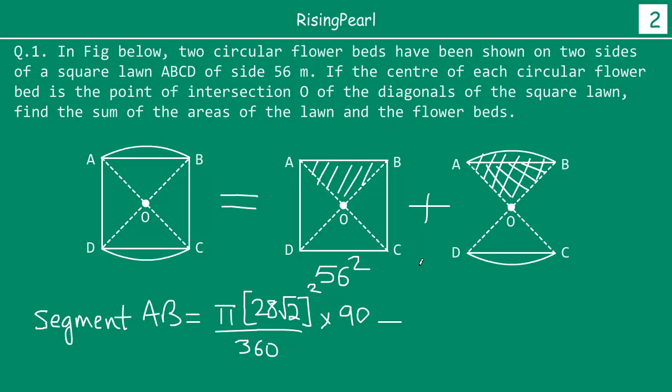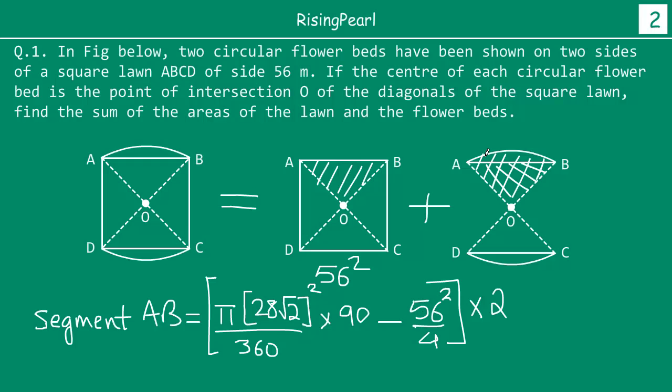But what is the triangle? The triangle is 1/4 of the area of the square. So in other words, the triangle is nothing but 56 square by 4. So if the first segment is this, the other segment will be simply this times 2.